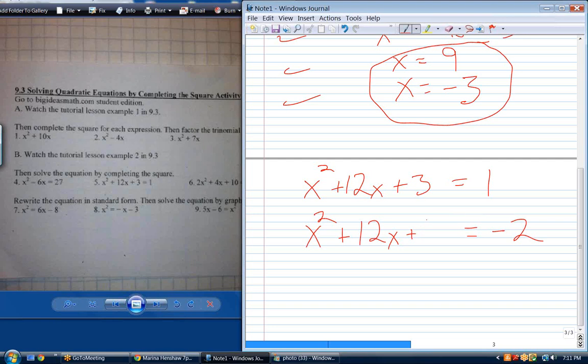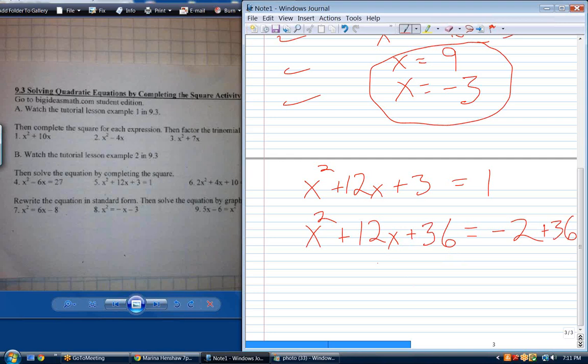You do x squared plus 12x plus... No, we take half of this coefficient and square it. What's half of 12? Oh, 6. So it'd be plus 36. Okay. Can't add 36 to the left unless I add 36 to the right.